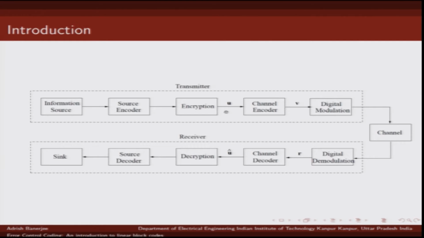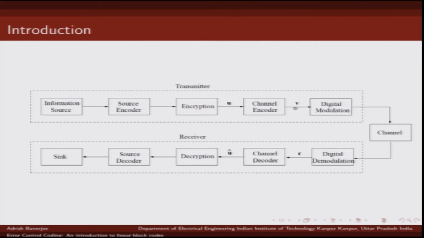We typically use the symbol U to denote the information sequence and the symbol V to denote the coded sequence. So, this course essentially will deal with this block of the digital communication system, essentially how to design good error correcting codes and the properties of error correcting codes.